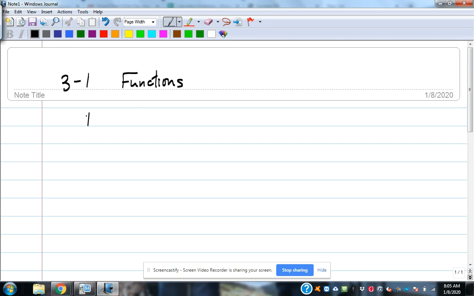So a function is based off a relation. And a relation is just a correspondence between two sets.